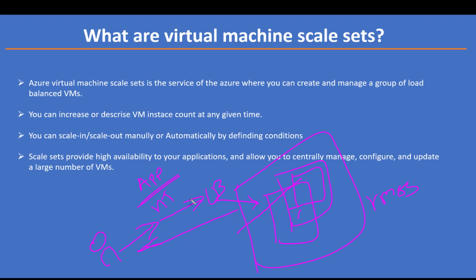The second thing is that your VMSS continuously checks the probe for your application. It will test the URL of your application, and if something goes wrong with any instance and that particular instance does not respond to the probe request, then your VMSS or the load balancer will not pass requests to that particular faulty node.